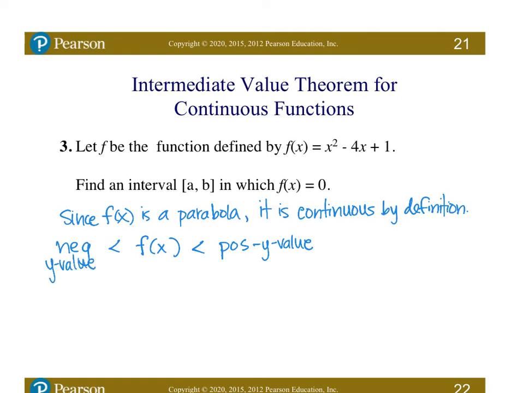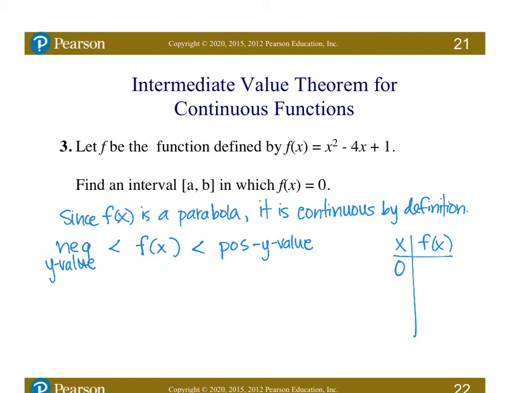I need to find any positive y value on the function, and I need to find any negative y value on the function. And this becomes some trial and error. Let's just try some. Let's plug 0 in.